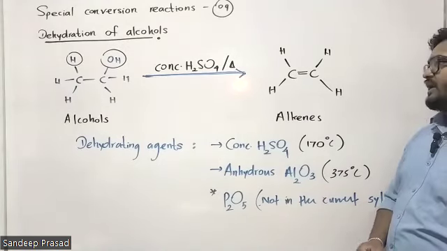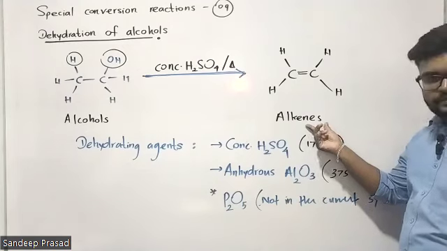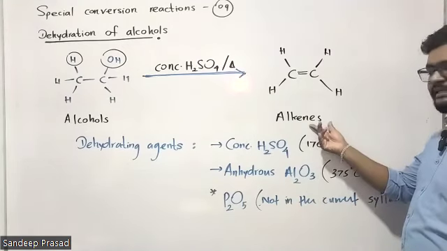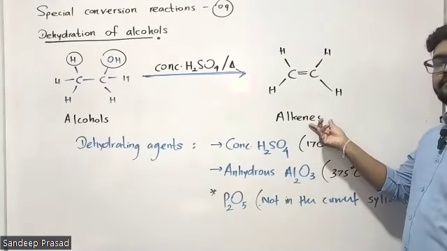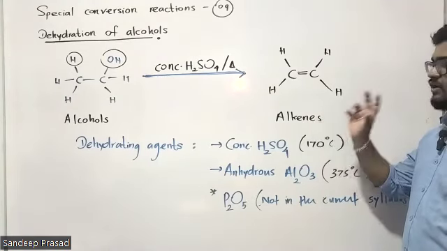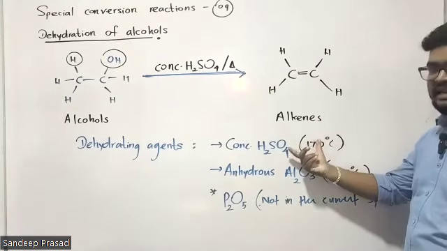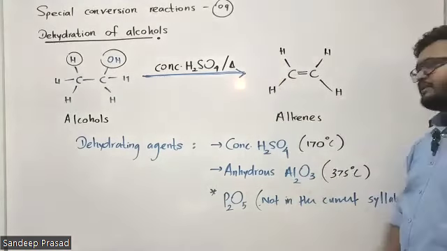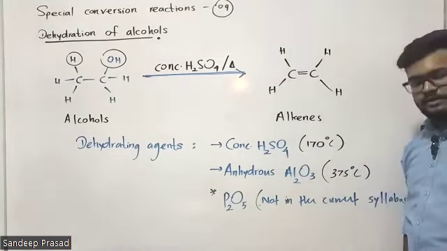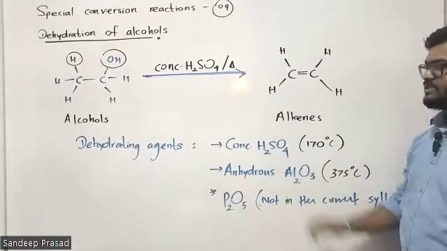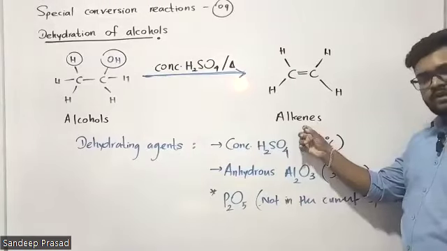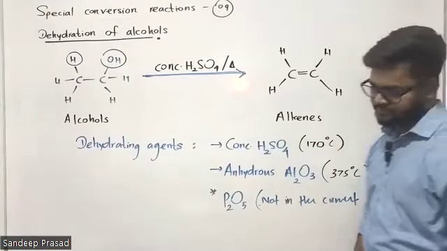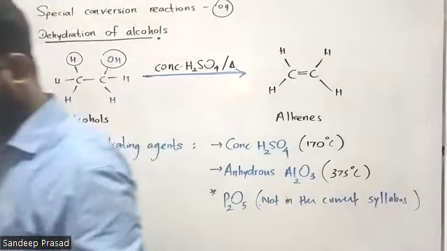After the dehydration of alcohols, the product is alkene. So we learn this reaction under the production of alkenes. If we have an alcohol and we add this kind of dehydrating agent, we can produce the relevant alkene. Please remember this reaction. This reaction is very important in the conversions. Quickly write it down. Please complete it.